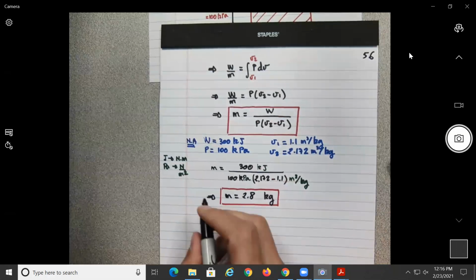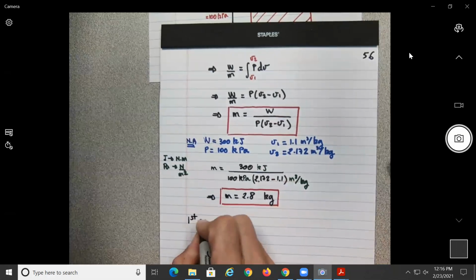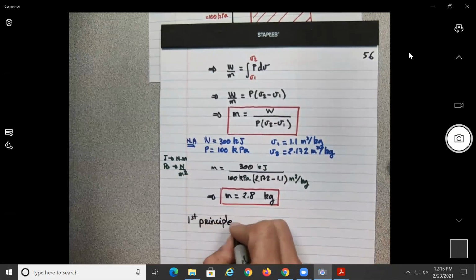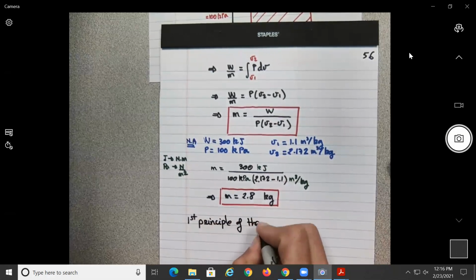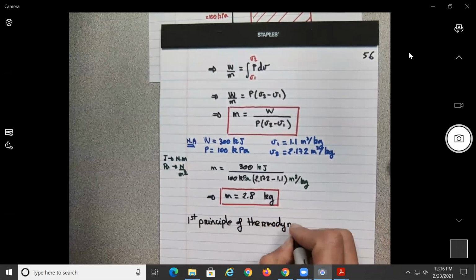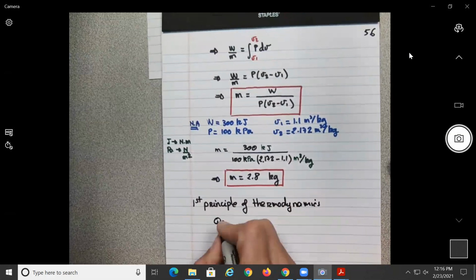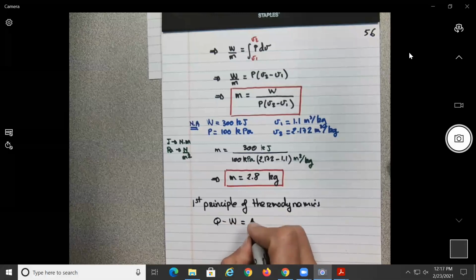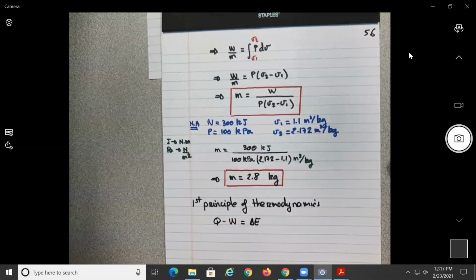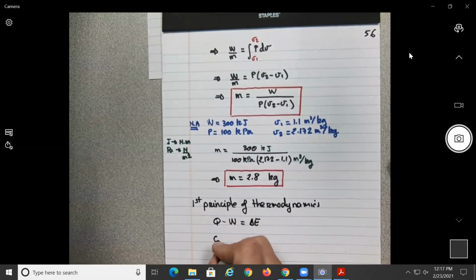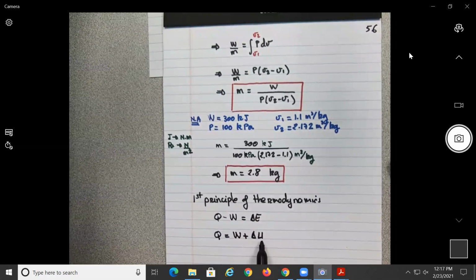All right, so here we use the first principle of thermodynamics, which is heat minus work equal to the change in energy. If we neglect the kinetic and potential energy, this is going to give us Q equal to the work plus the change in internal energy, no? And now this is the capital U.